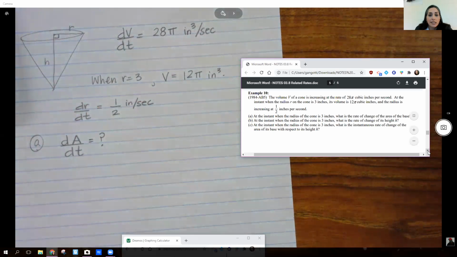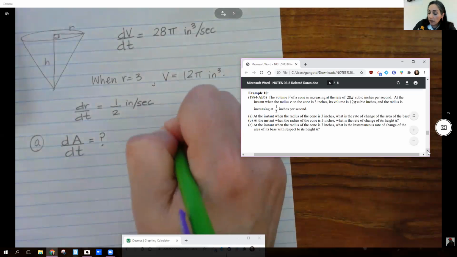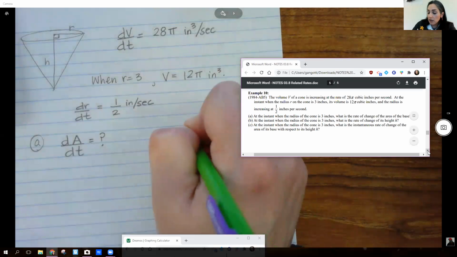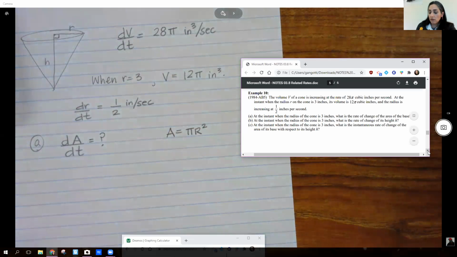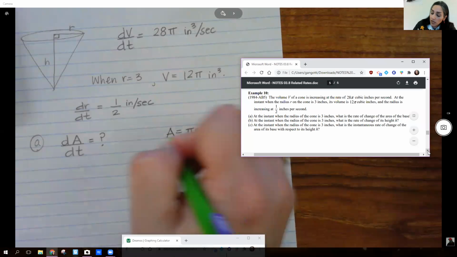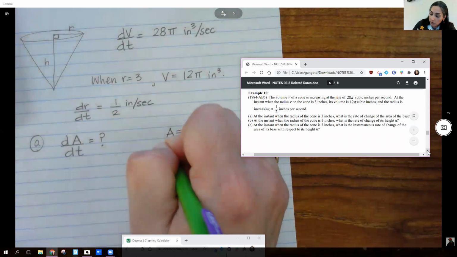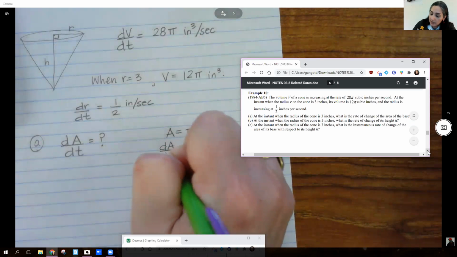Well, we need to take the derivative of the area of the base. The base is a circle, so the area is going to be pi r squared. When you take the derivative of that, that'll be dA/dt.